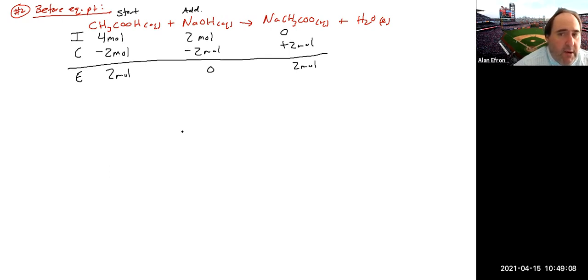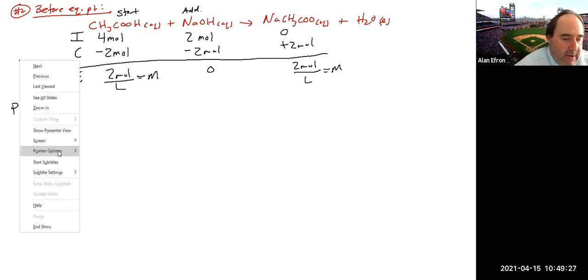Okay, so just like we've been talking about, you should at this point, using the total volume, convert these back into molarity. But how do we get to the pH? Well, your ice table can help you with that.